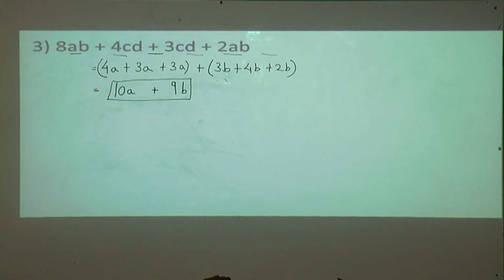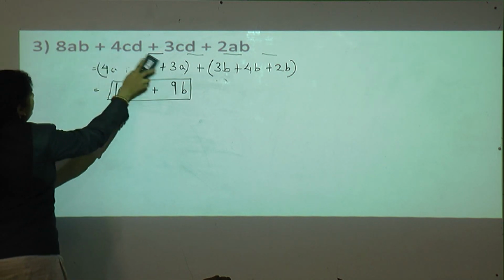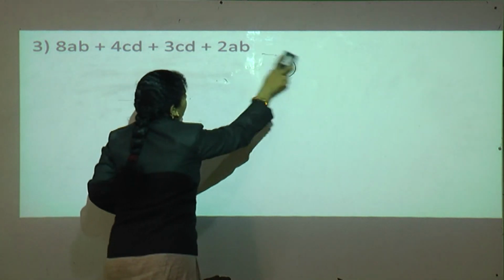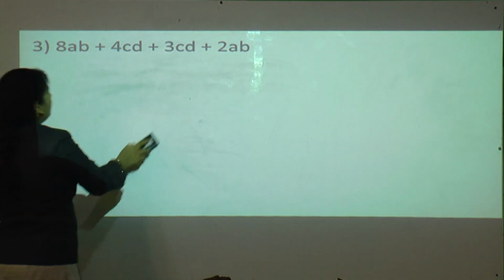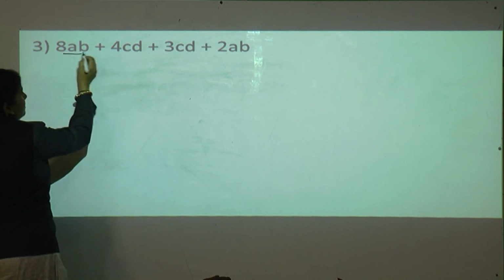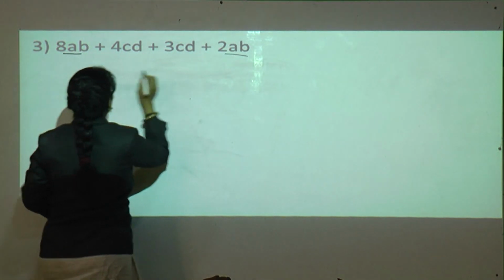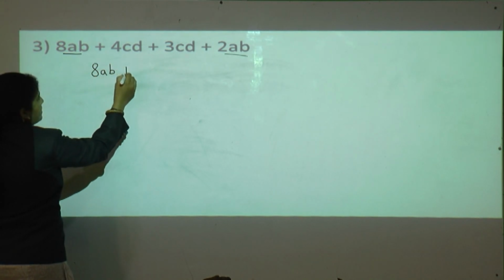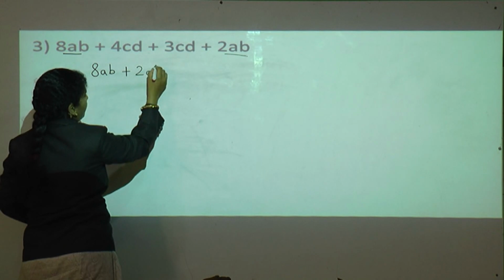Now see third one. Here, yes, all of you read it. Now see, 8ab plus 4cd plus 3cd plus 2ab. So put the like terms together in a group. Here 8ab plus 2ab.